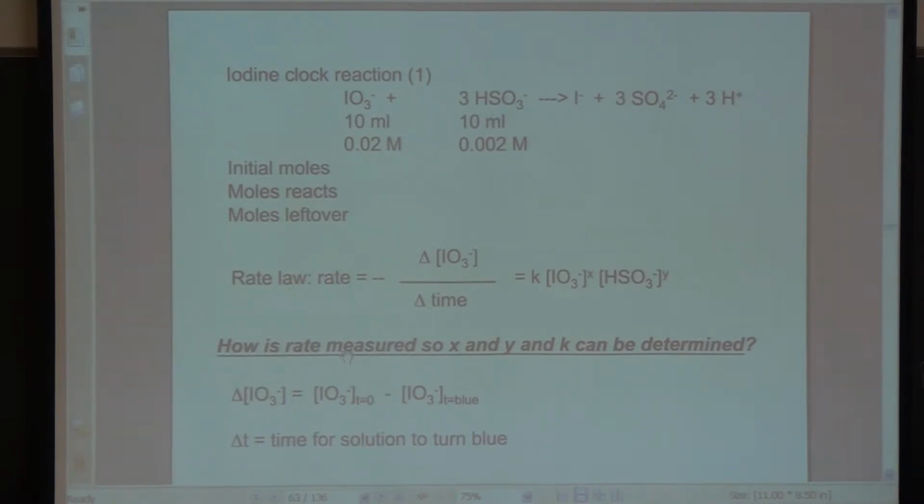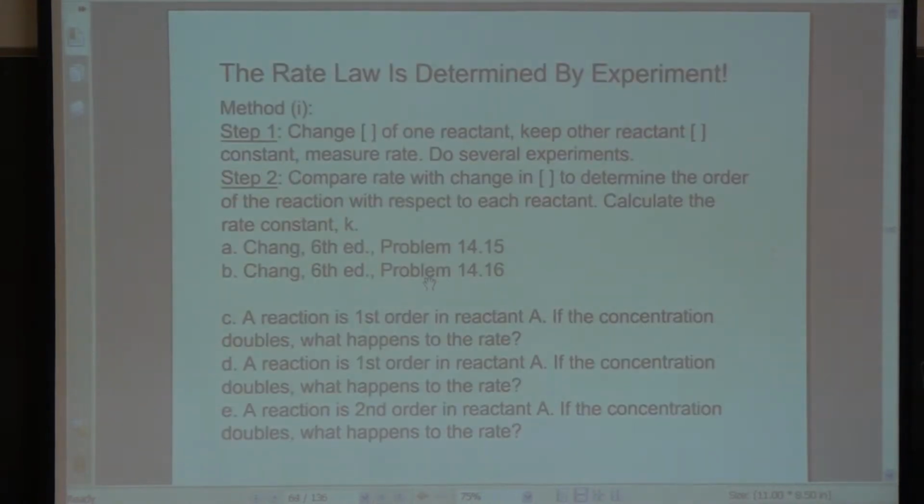So how can we figure out how to do this experiment? Let's take a look at the next slide. One way to do this is by doing these two steps. In step 1, you want to change the concentration of one reactant, keep the other reactant concentration constant, and then measure the rate.